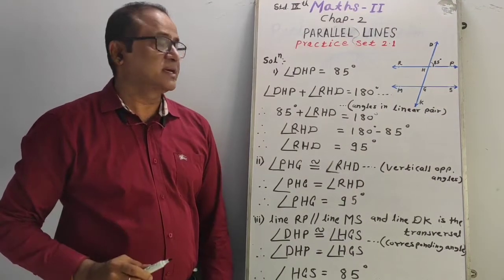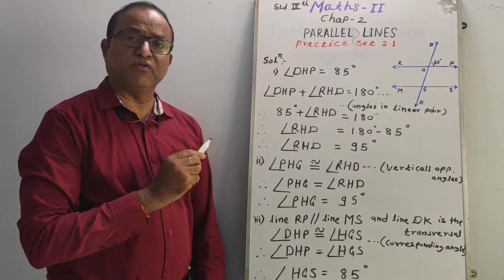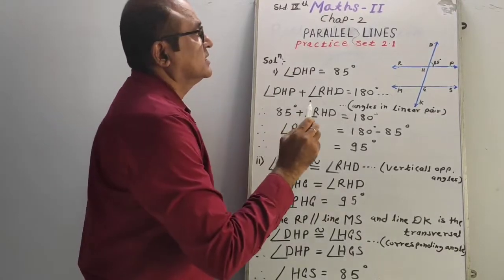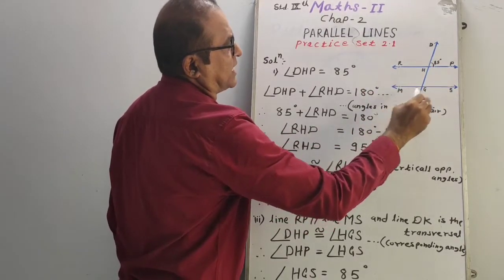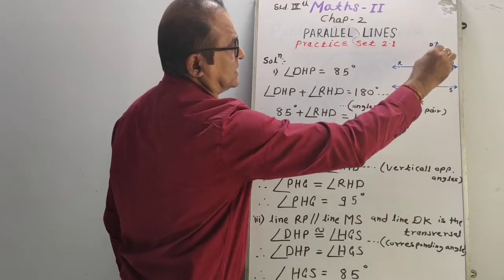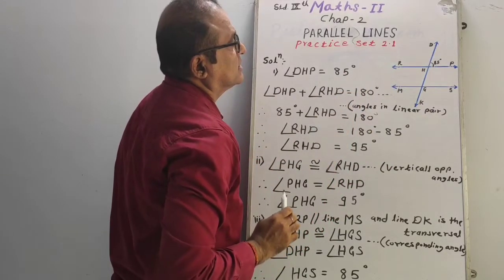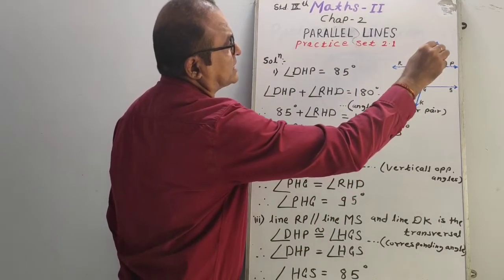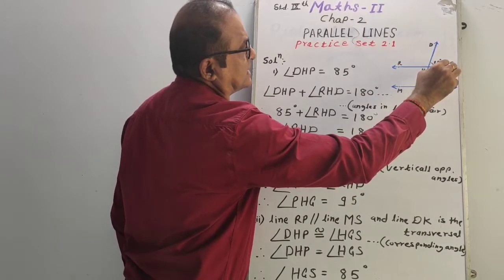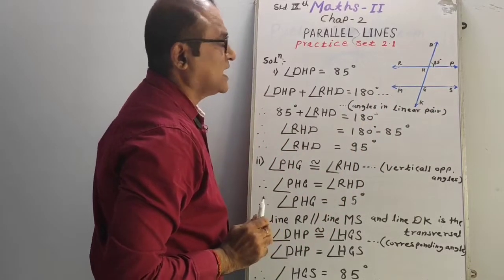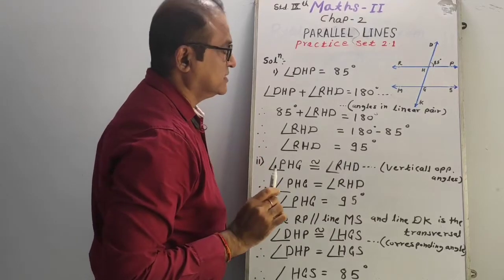First, draw the figure, and from the figure we have to find four angles. Line RP is parallel to line MS and transversal DK. In the given example, angle DHP is 85 degrees, and then find four angles.